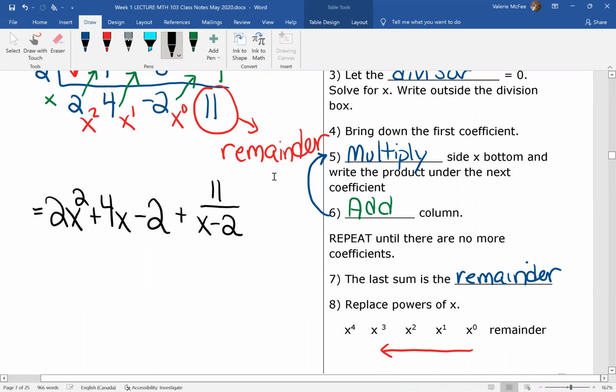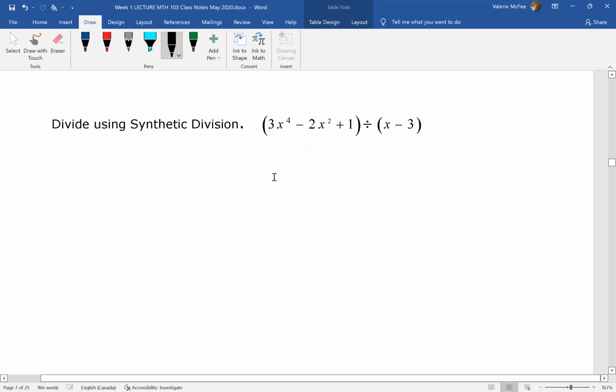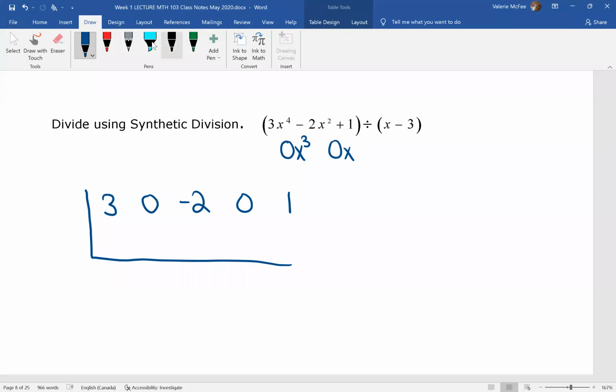Let's try one for practice. Why don't you pause your video and write down the coefficients in the division box. The coefficients here were 3, 0, -2, 0, and 1.